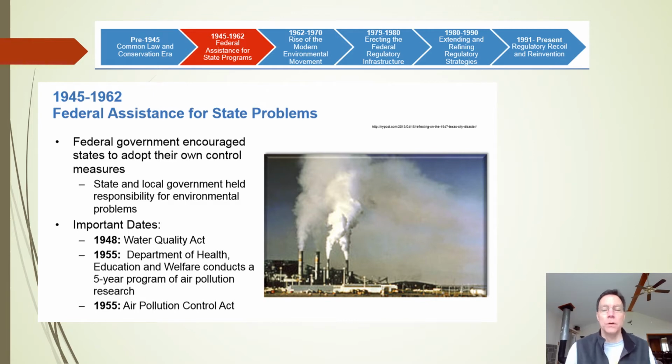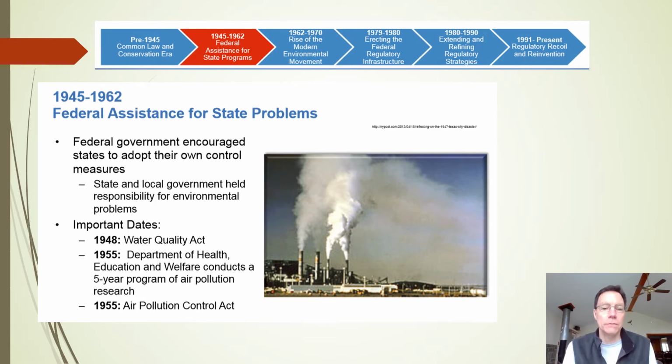Okay, let's move up to the post-World War era. Still not a lot of environmental policy, but we're starting to see a lot more environmental pollution because we are into the industrialized, synthetic society that came out of the world wars that we learned about. During this era, the attitude was that states and localities should be responsible for having environmental rules.